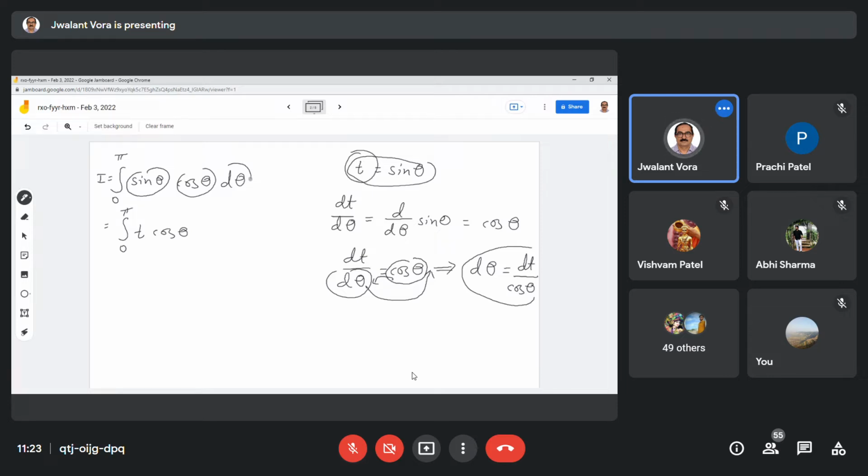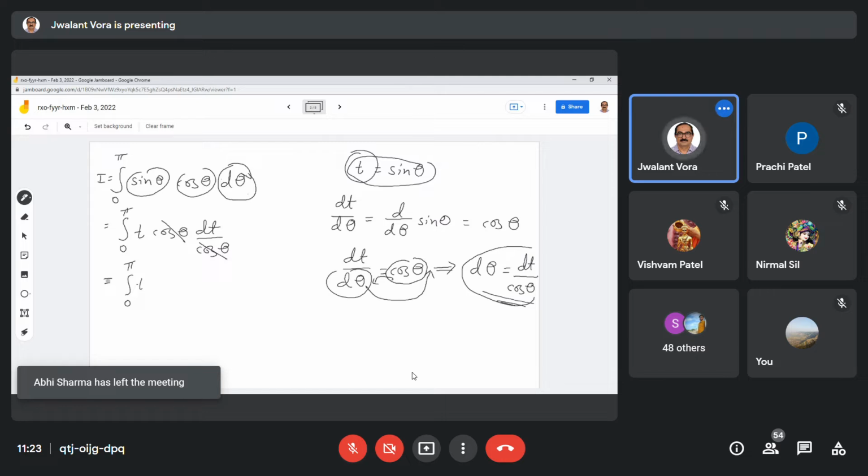Internet speed is slow. Just wait for a while. d theta is equal to dt upon cos theta, so this cos theta will be cancelled out. Integral is equal to 0 to pi t dt. Just a minute. Internet speed has decreased.